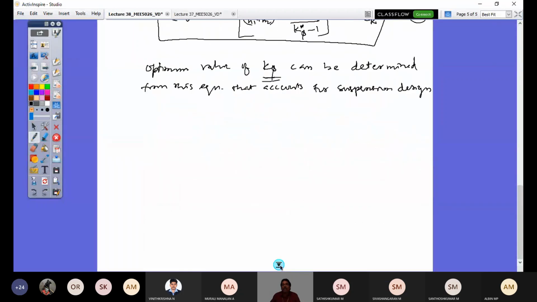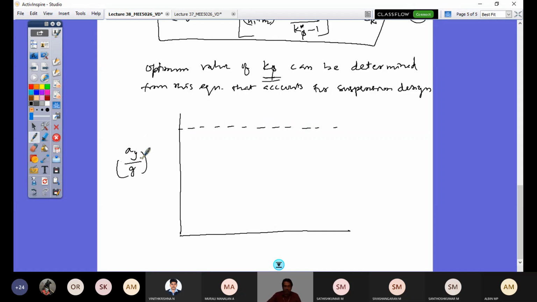So for the given vehicle, you can find what is the maximum value from t by 2h. If my vertical axis represents ay by g value, then this value would correspond to what? t by 2h.